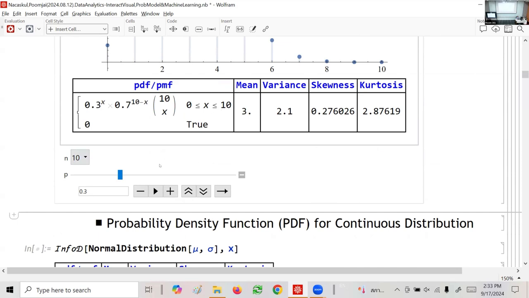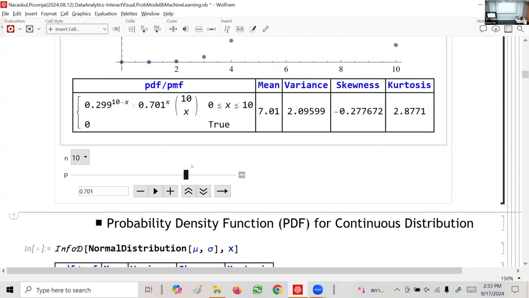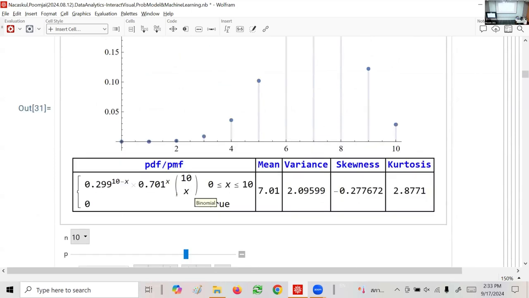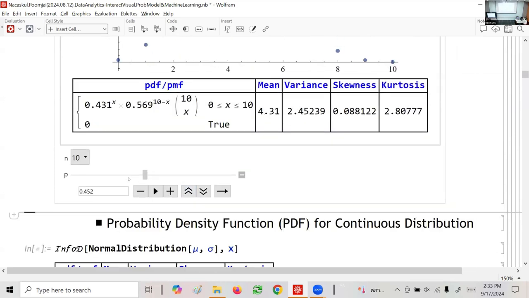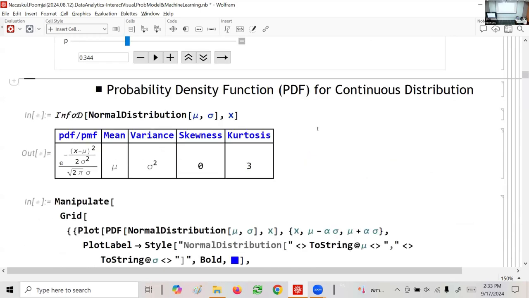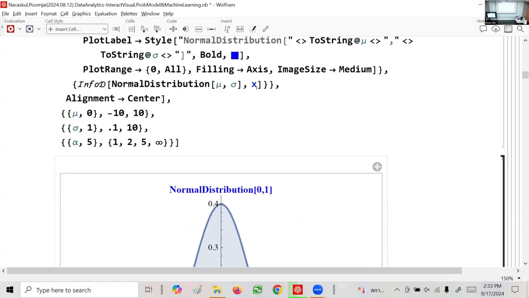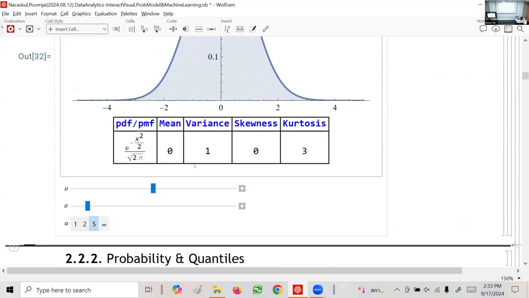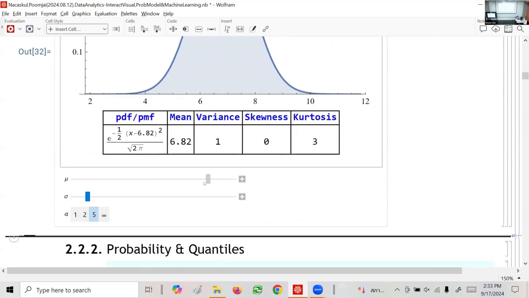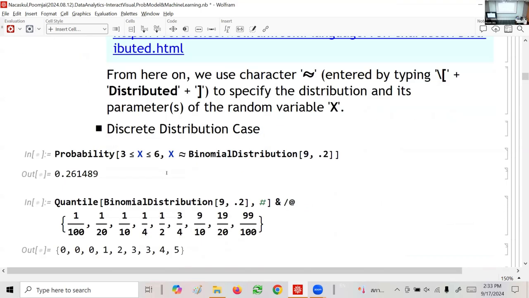This is a fact. So I can move this around. See? Okay, so that's the binomial distribution. Then I skip all the way to the normal distribution. Again, I can move the means around. I can move this.